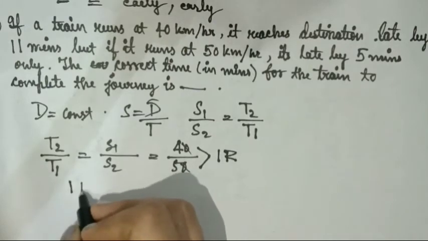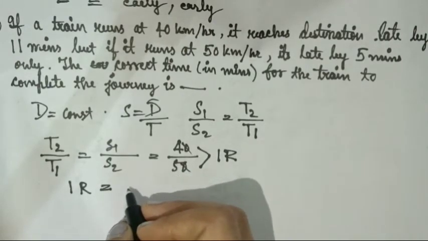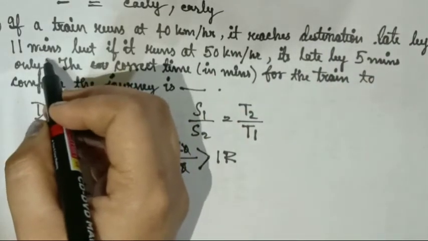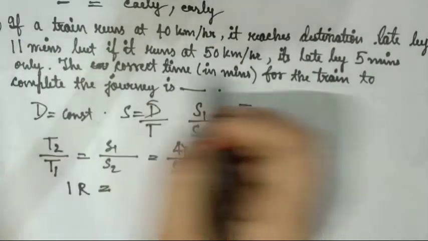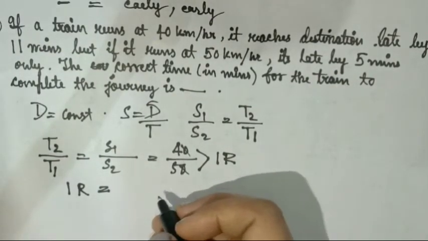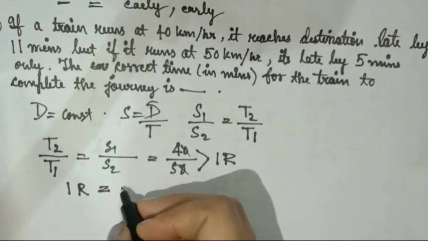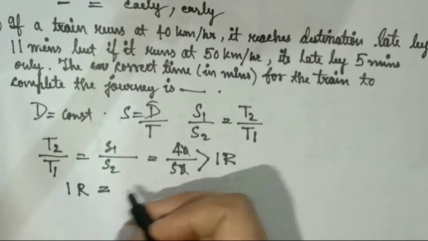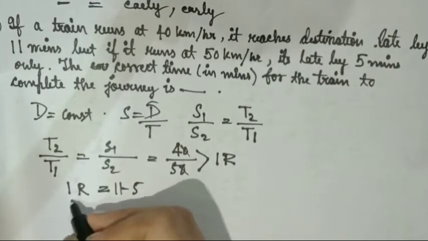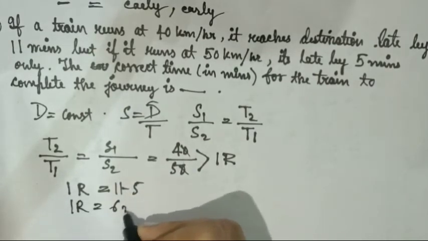Now this 1 hour is equal to the time gap. Here it's given that it's late by 11 minutes and late by 5 minutes, both are late. And I told you that when both are late, we subtract them. So 11 minus 5 is 6. So 1 hour is equal to 6 minutes.